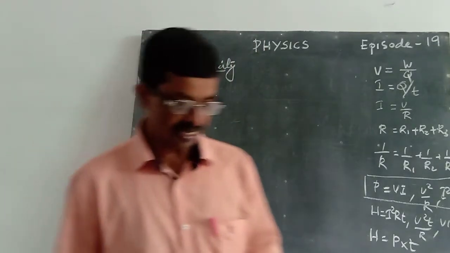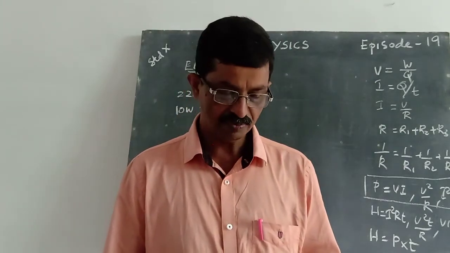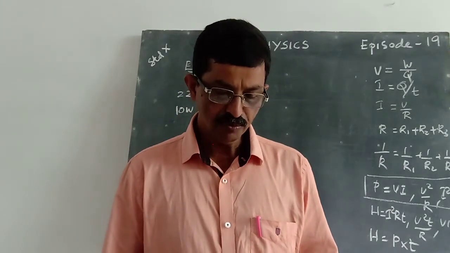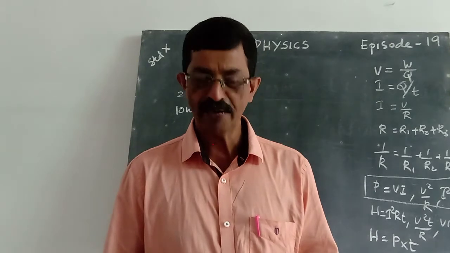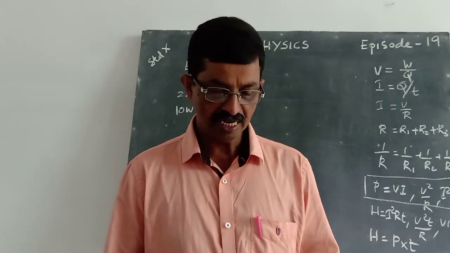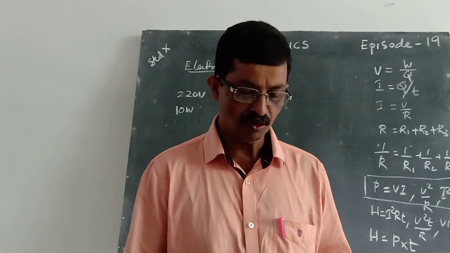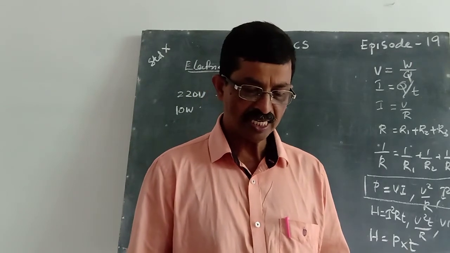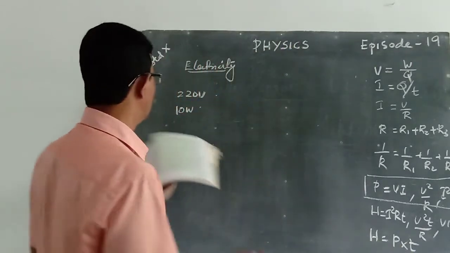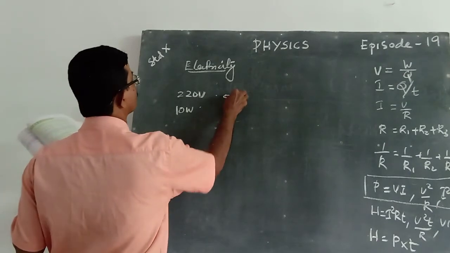That one is rated as 10 watt. How many lamps can be connected in parallel with each other across two wires of 220 volt line if the maximum current available is 5 ampere?